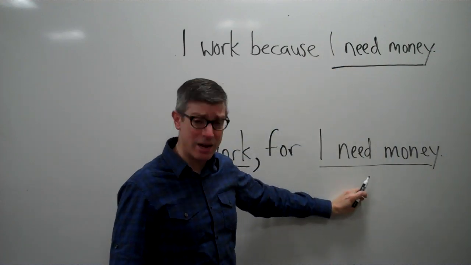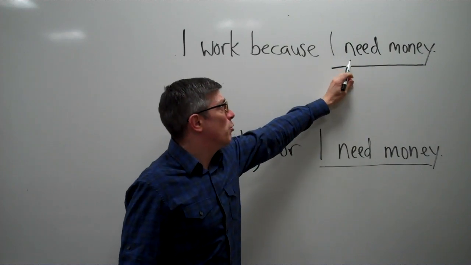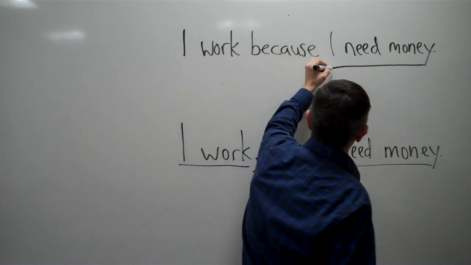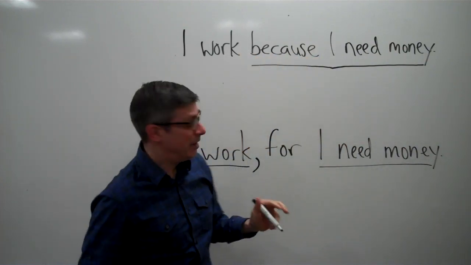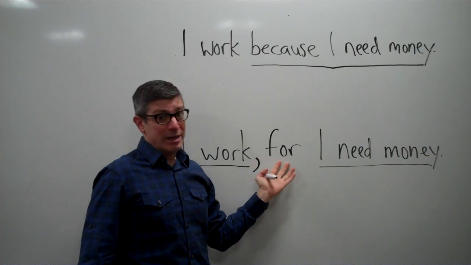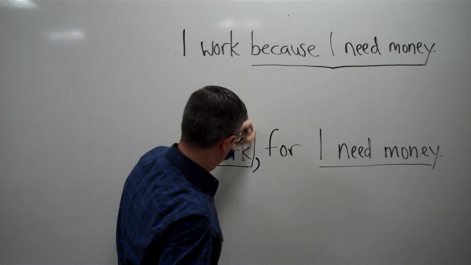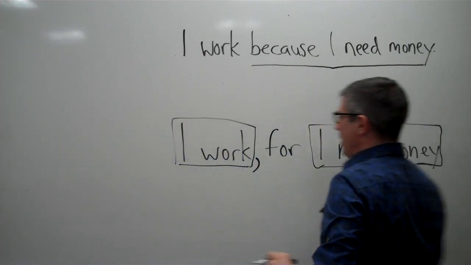These three words down here, I need money, they are an independent clause. These three words up here aren't anything. They are joined to this word because in a way that for is not joined to I need money. This thing down here, really, I mean, I'll put boxes around it.